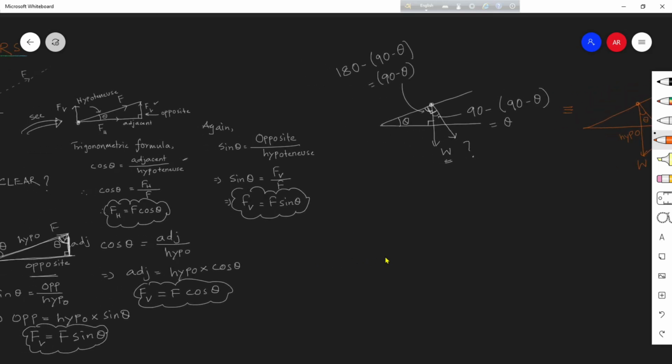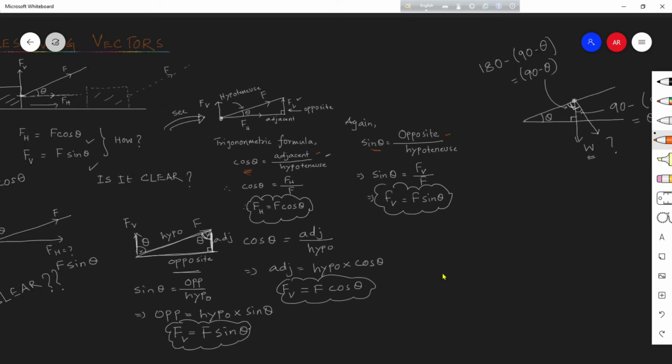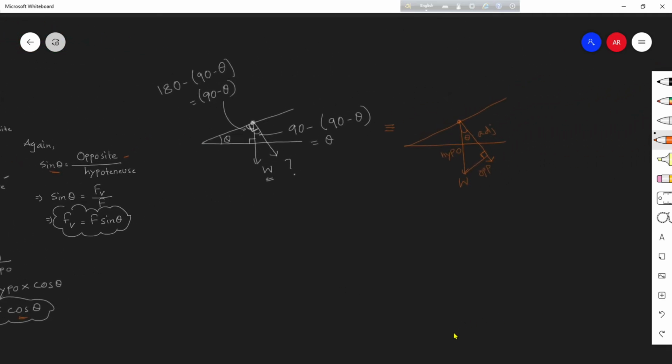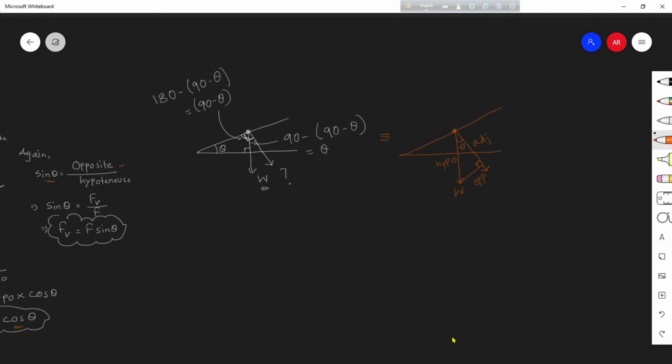This became just a right angle triangle, the way we discussed a little earlier, that whenever it is a right angle triangle, we make use of this trigonometric formula: cos theta is adjacent by hypo, sine theta is opposite by hypo. Let's get back to this triangle.